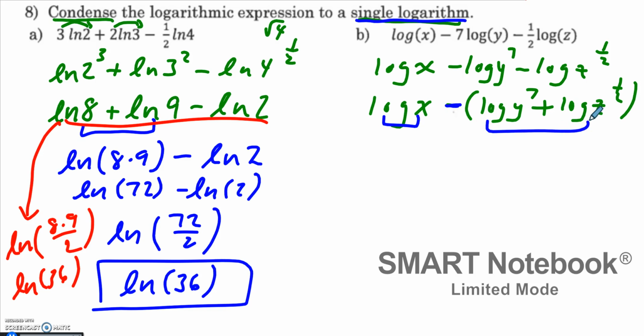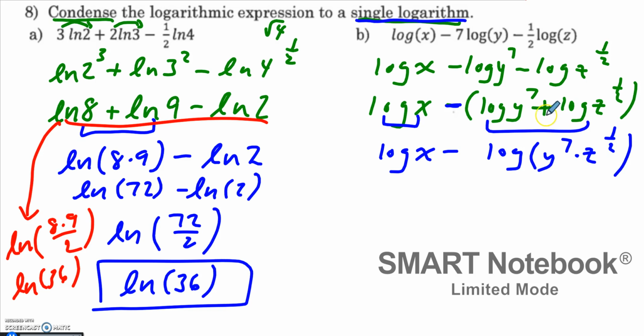So again, what we could do is combine these two to become, so if we kept this the same again, log of x minus, these two, because they're being added, could become log of y to the 7th times z to the 1/2 power. Because when they're adding separate logs, that's the same as a single log with the arguments being multiplied.